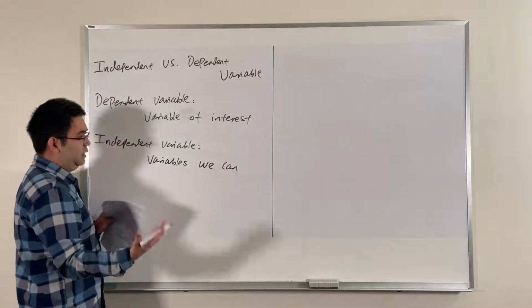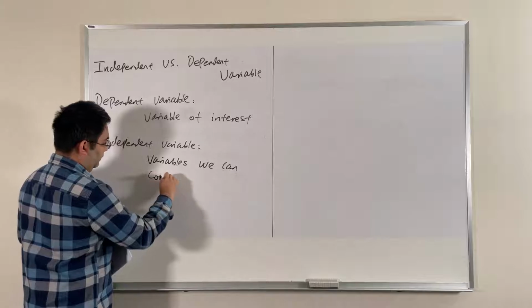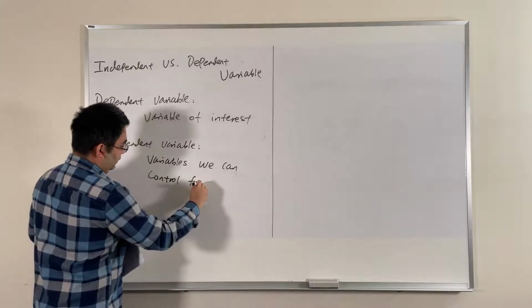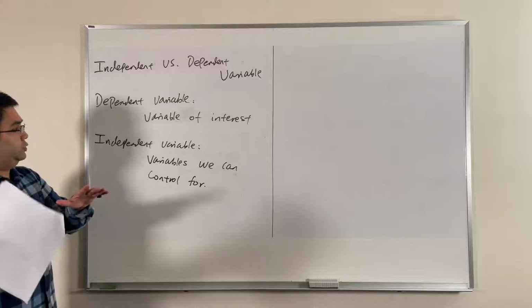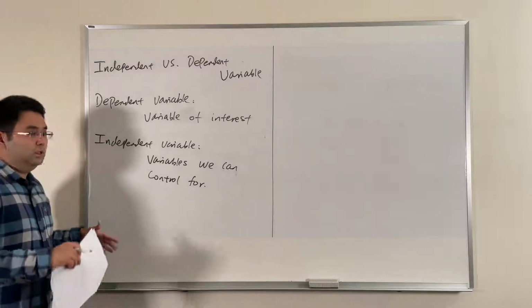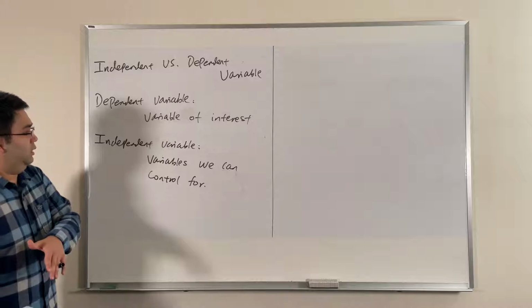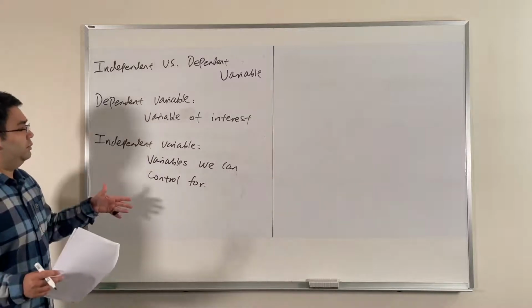But in this case, let's assume that we are doing the research, right? So we can control for. Okay, right? So if we are interested in students' GPA, and we want to see what are the factors that can affect their GPA, and those factors we're researching in are the independent variables.